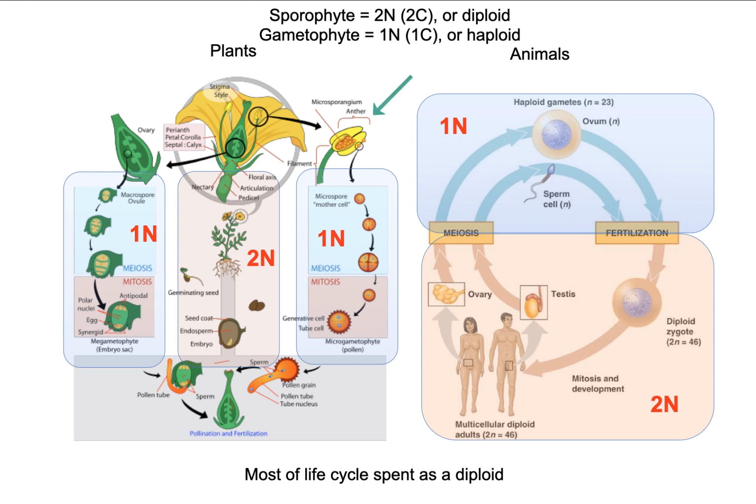Also in the anther, you have haploid mother cells that then go through a mitotic division of the haploid, eventually forming 2 sperm nuclei that move down the pollen tube, and another cell also, or another nucleus.